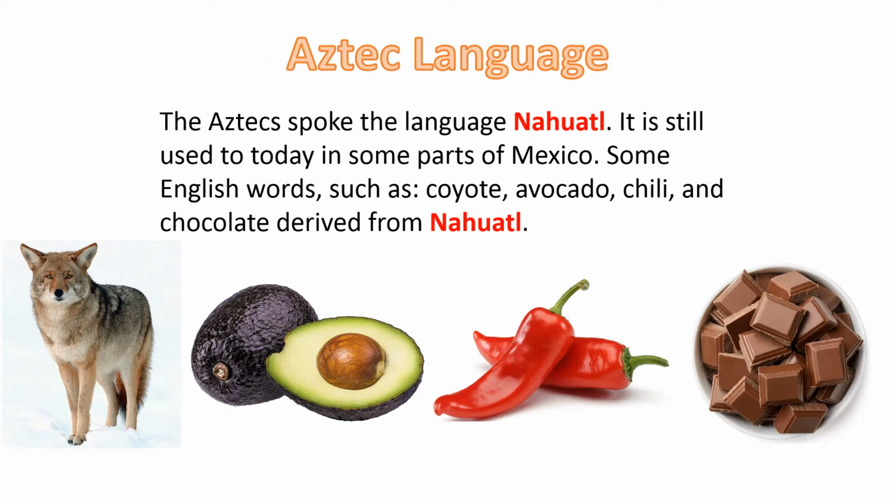Now, Aztec language. The Aztecs spoke the language Nahuatl. It is still used today in some parts of Mexico. Some English words, such as coyote, avocado, chili, and chocolate, are derived from Nahuatl.